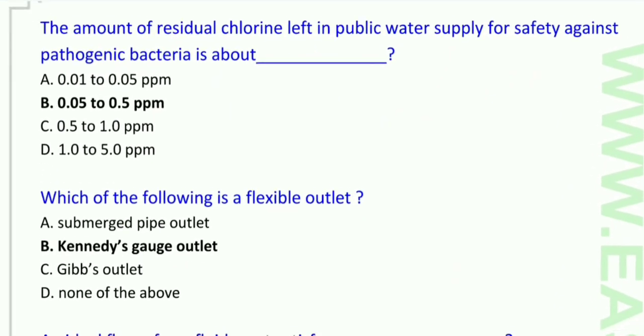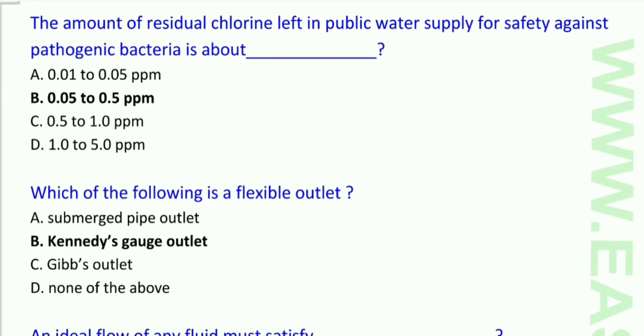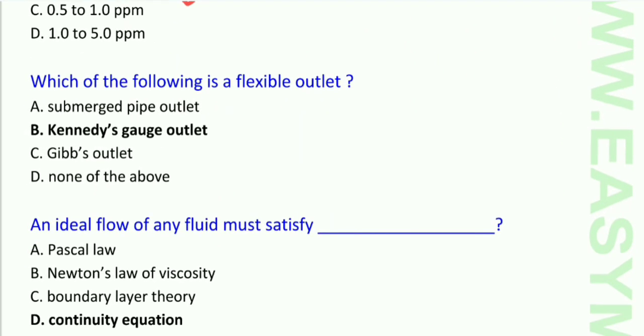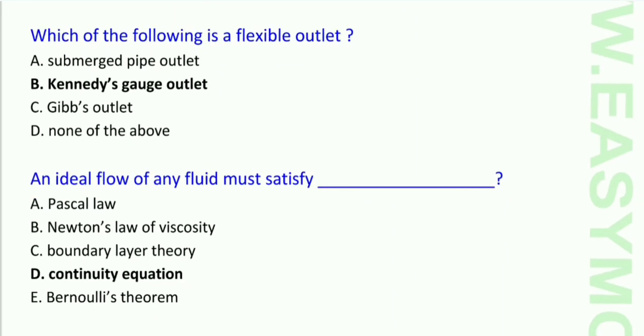Next question. The amount of residual chlorine left in public water supply for safety against pathogenic bacteria is about 0.05 to 0.5 ppm. Which of the following is a flexible outlet? Kennedy gauge outlet is right. B is right option.